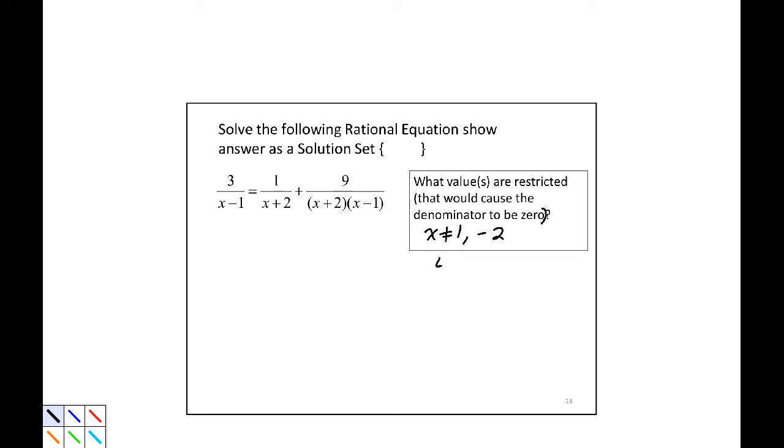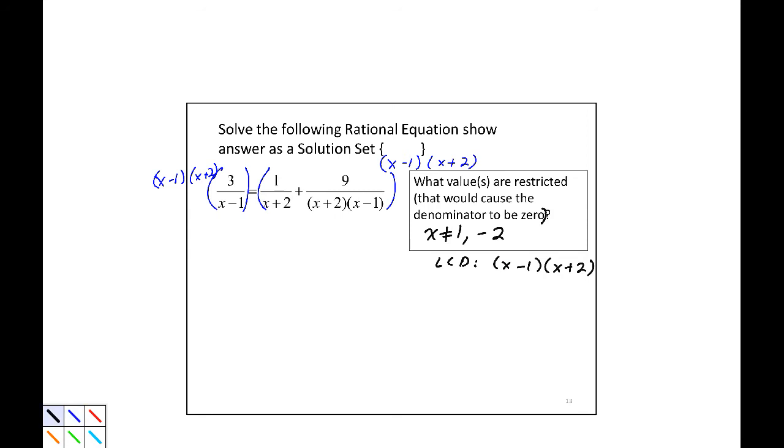And our least common denominator, because we have those two varying pieces, will be x minus 1 and x plus 2. Multiplying that through everything here. Oh, not parentheses there. x minus 1, x plus 2. x minus 1, x plus 2.